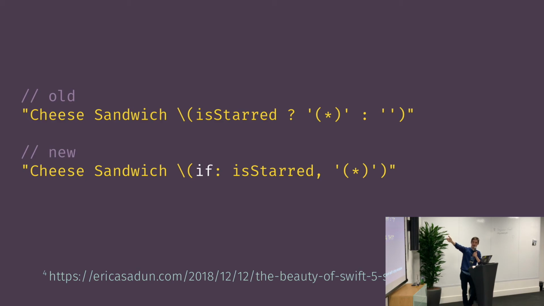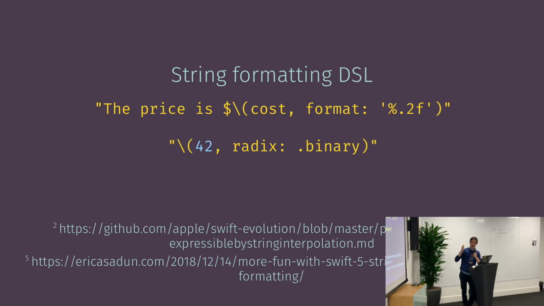So we only need to pass one argument and not use question marks and colons. Or we can even write our own DSLs, which is a very powerful thing. So we can write a DSL for string formatting and define what format for the numbers we want to use, like if it should be binary or whatever else.